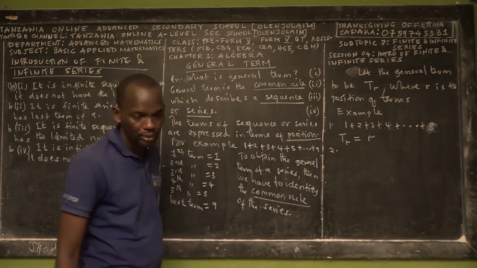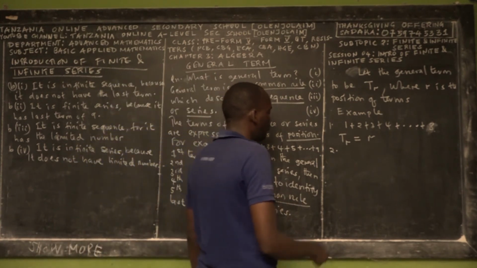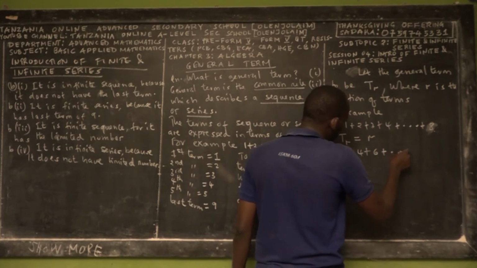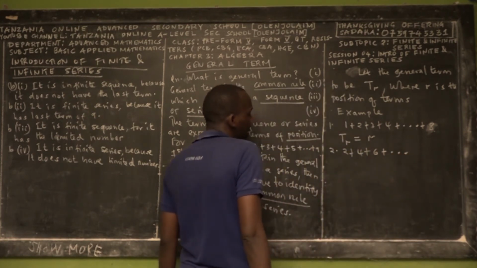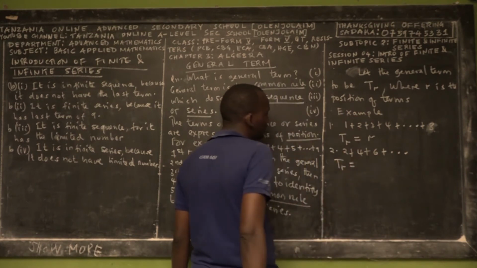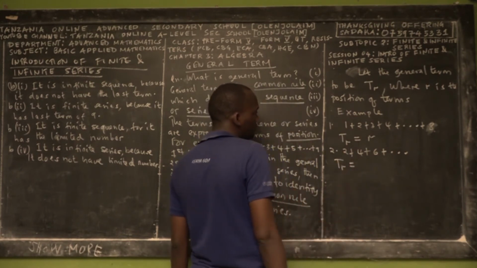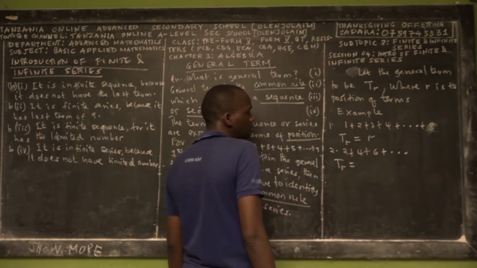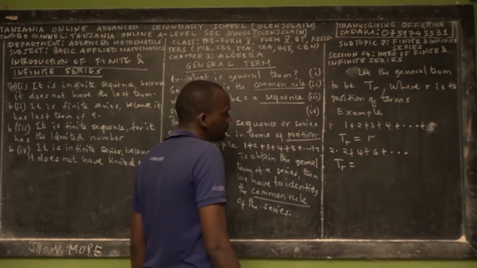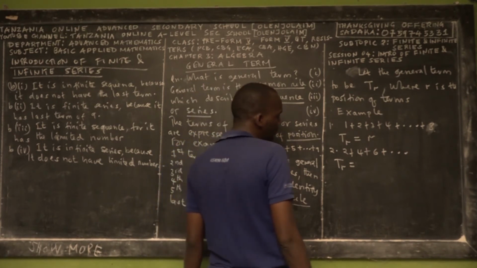Second pattern, for example, if you have 2 plus 4 plus 6 plus dash dash, then for the nth term in this case, each term is a multiple of 2. This one is an arithmetic progression, however, I didn't teach you yet. So for arithmetic progression, how do we find the nth term?